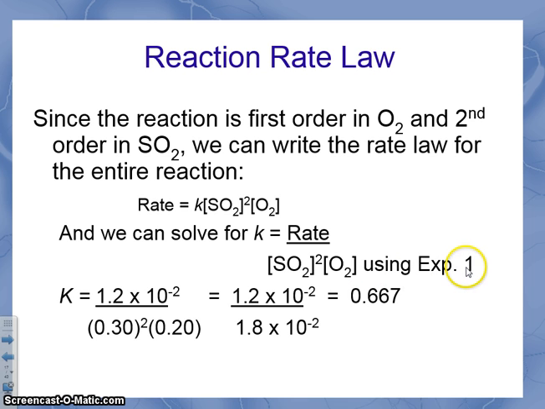If we use our experiment number 1 from the prior table, we plug in the rate, we plug in the concentrations, and we do the multiplication on the bottom and the division between the two, and we get a rate constant of 0.667 for this. Why don't you try it with another set of the numbers from the previous slide.